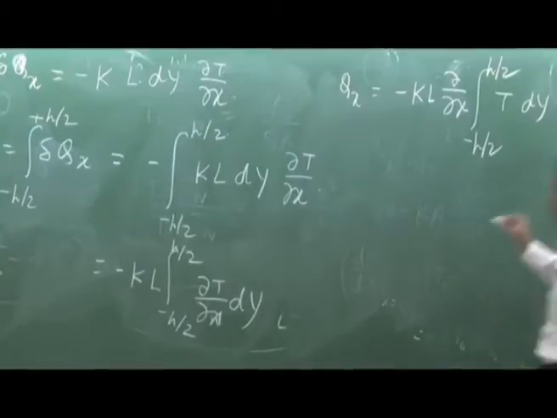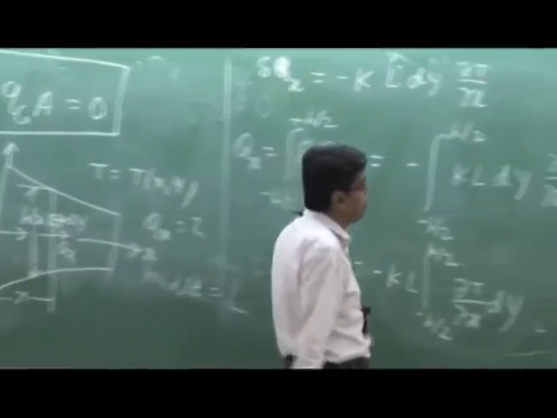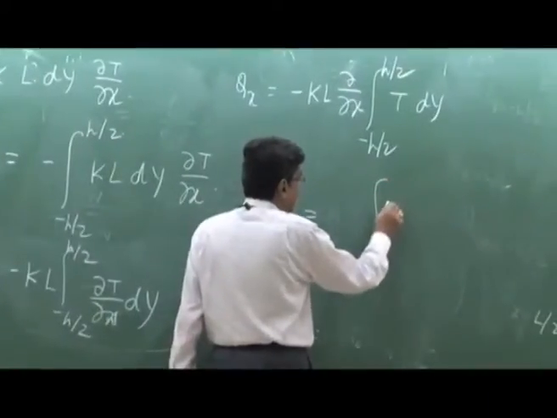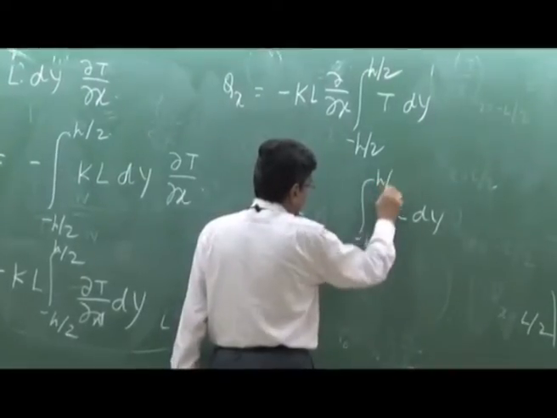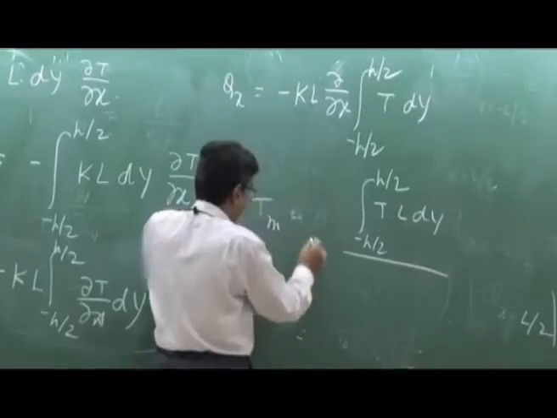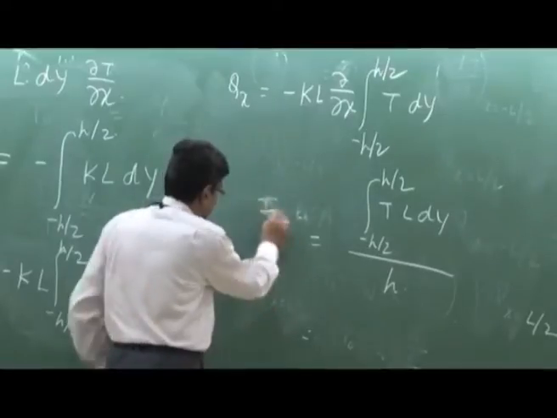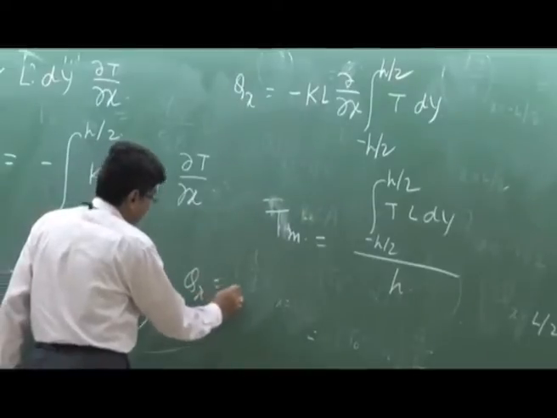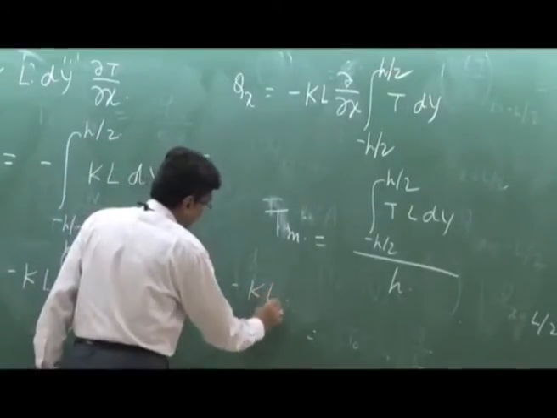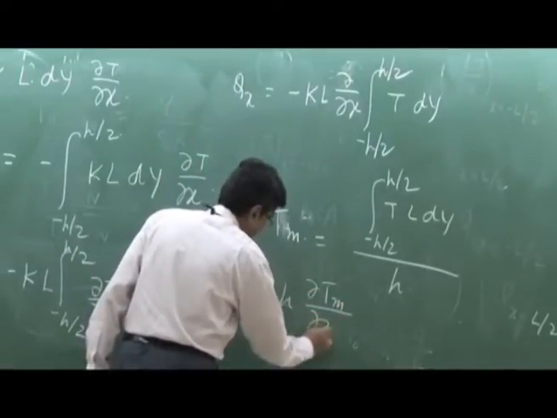If I define a mean temperature Tm at any cross section, a cross sectional average mean temperature, which I can define as integration of T dy from minus h by 2 to plus h by 2 divided by h, then Qx becomes minus K L h into del Tm del x.